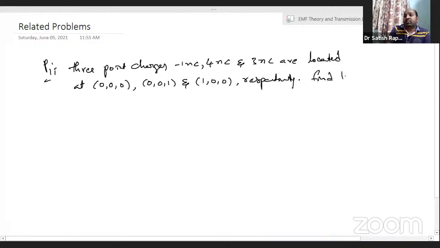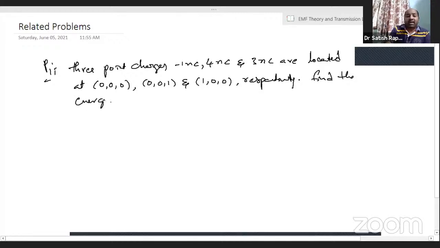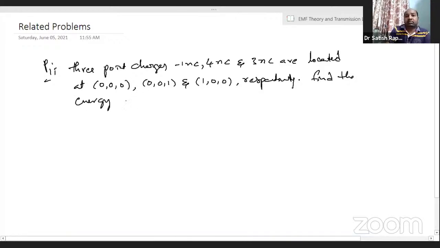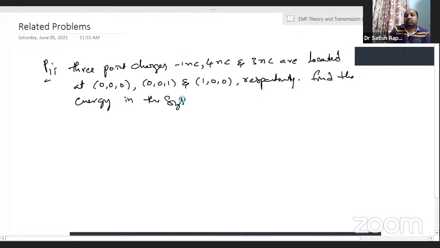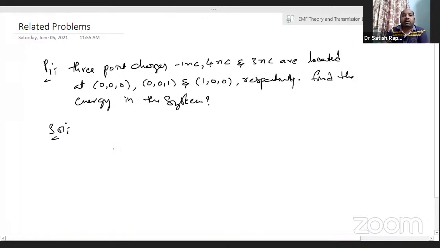Find the energy in the system, right? So we need to determine energy.